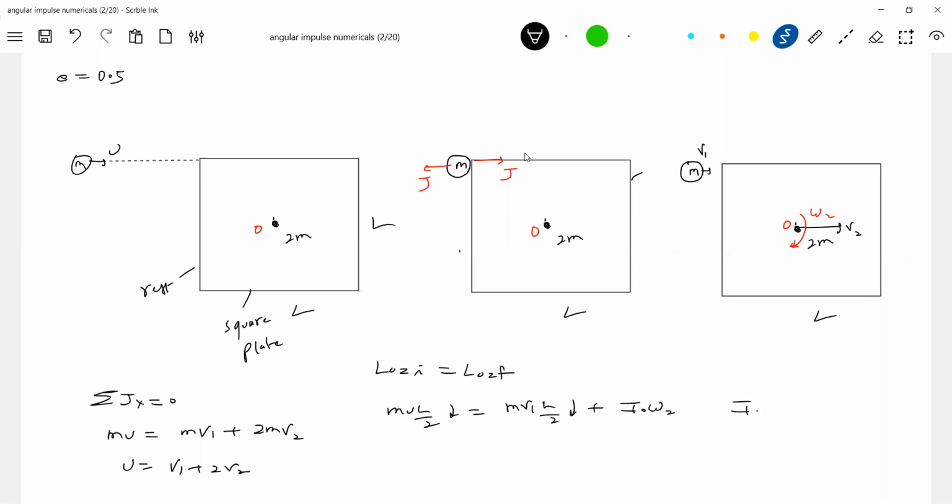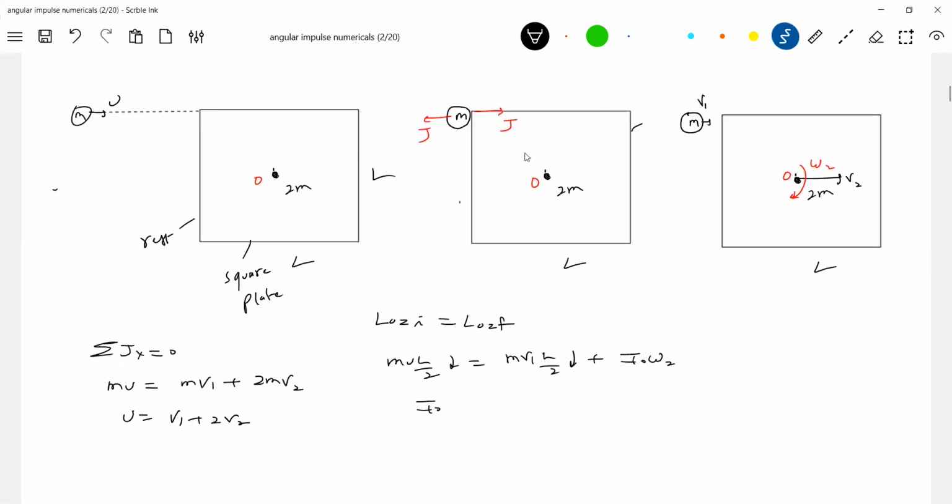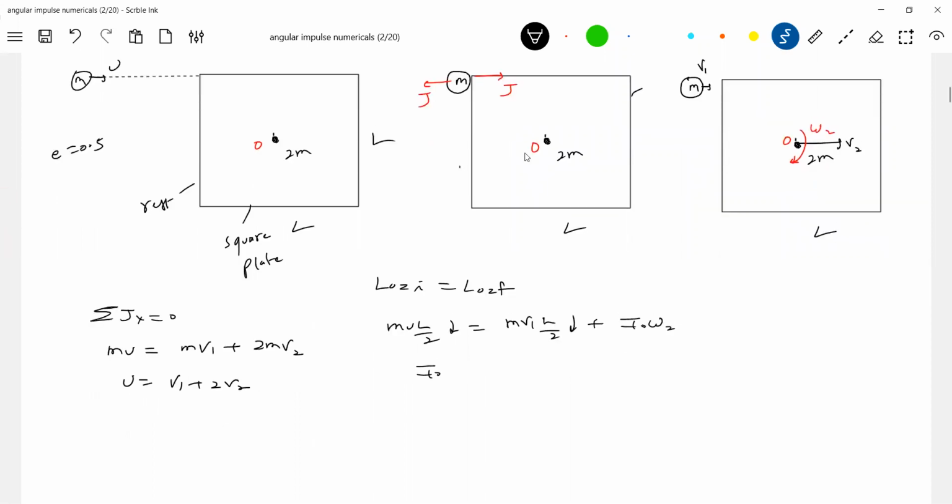What is the value of I_O? So let me substitute all, and this should be clockwise. So mu L by 2 equals mv1 L by 2 plus 2m L squared by 6 omega 2. Since all are in the same direction, no problem.